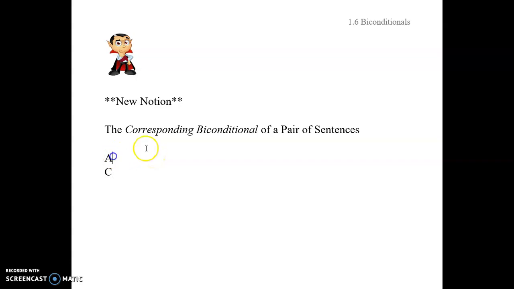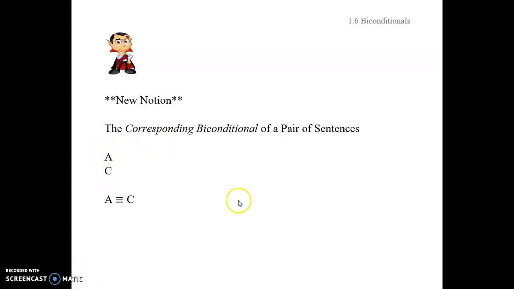In other words, A tribar C. So the corresponding biconditional of this pair of sentences is A if and only if C. So all you're doing is you're taking the first sentence, you're putting it down, putting a tribar down, and now you've got a new sentence. This new sentence is the corresponding biconditional of these two sentences. I'm going to tell you what we're going to use that for in a minute, but first let's just make sure you've got this down.